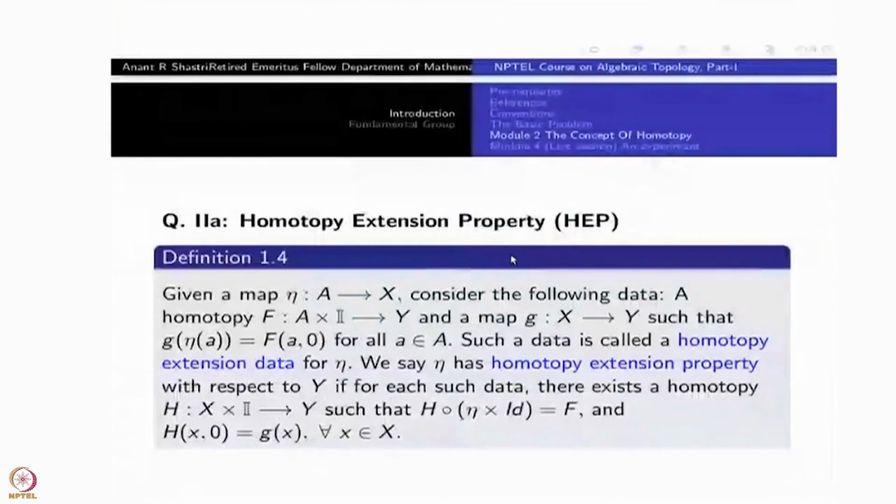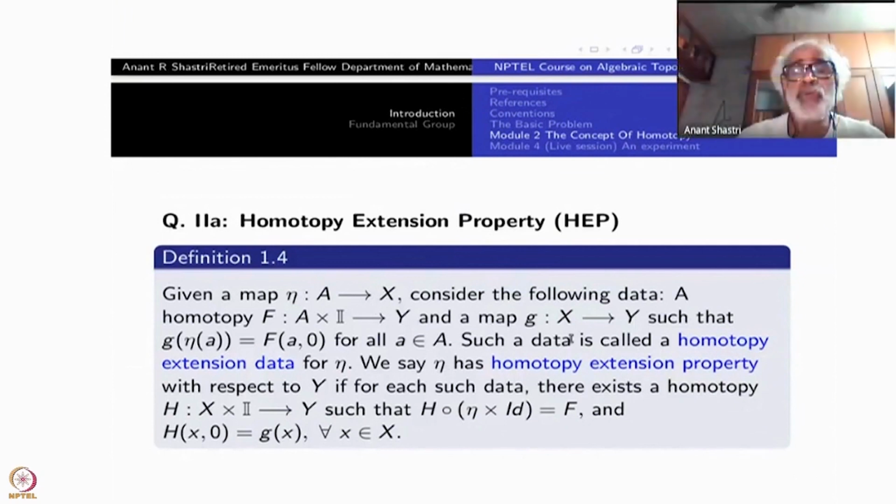So start with a map η from A to X. This is the map which we are concentrating upon. Now suppose we have the following data.